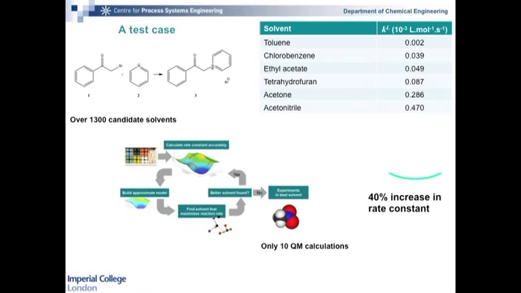You can see the effect of a solvent is very large. And so we went through our procedure. And after 10 quantum mechanical calculations, so the first 6 and the 4 more here, we found that nitromethane gives the fastest reaction rate with an increase of 40% over the best solvent we started with. Okay. So this is all calculations.